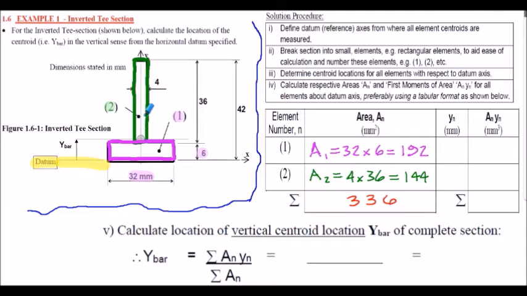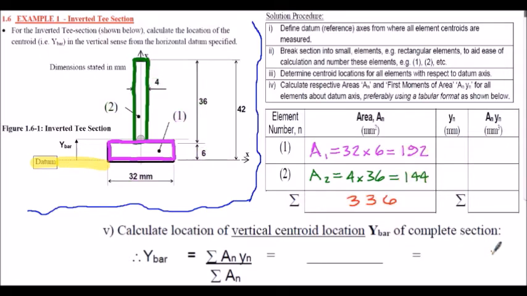Its width is 4 millimeters and its height is 36 millimeters. So 4 multiplied by 36 is 144. What we do now is summate the area, so 192 millimeters squared added to 144 millimeters squared is 336 millimeters squared. That's the area of our section.